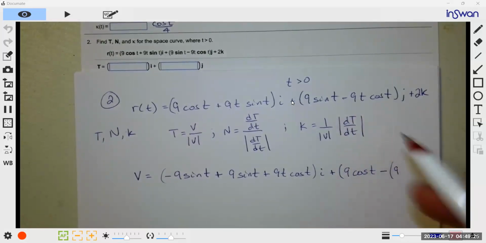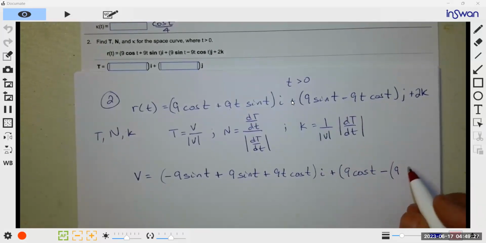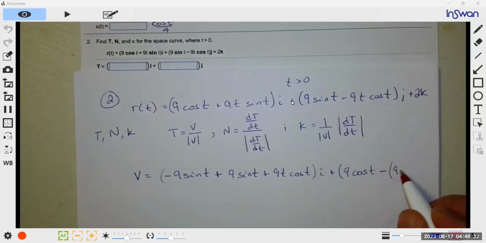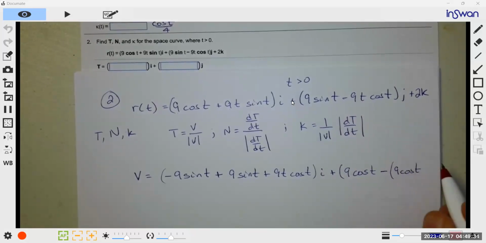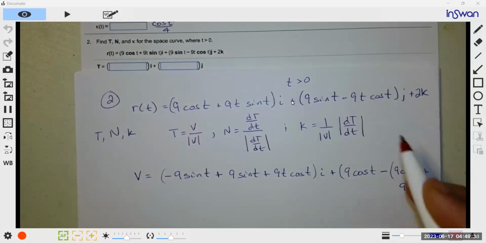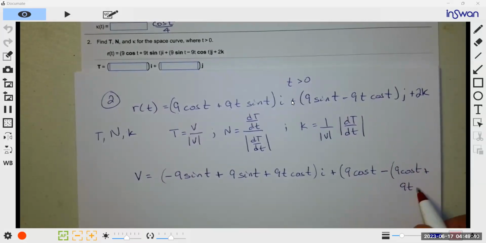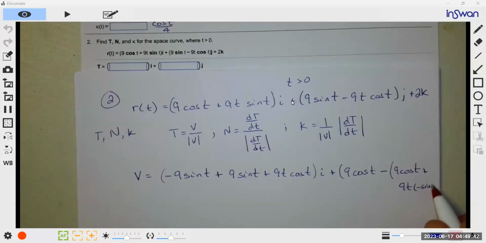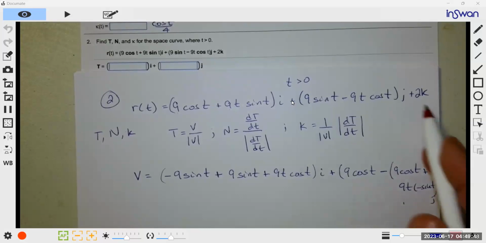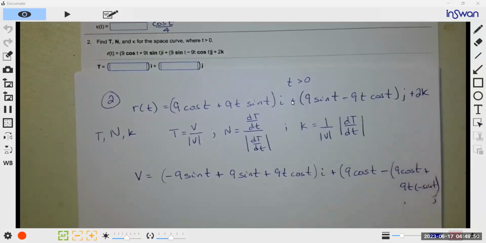And this is a product, so there'll be a plus sign there. Derivative of 9t is 9 times cosine t, plus 9t times the derivative of cosine, which is negative sine t, j. And 2 is a constant, so it disappears.